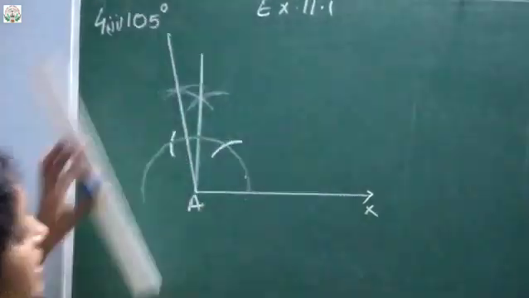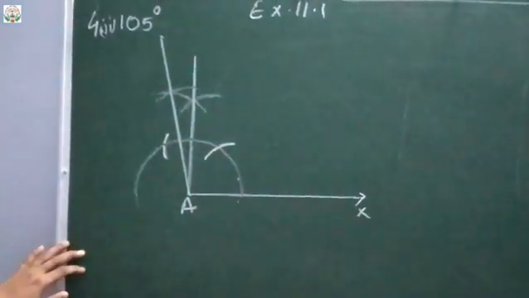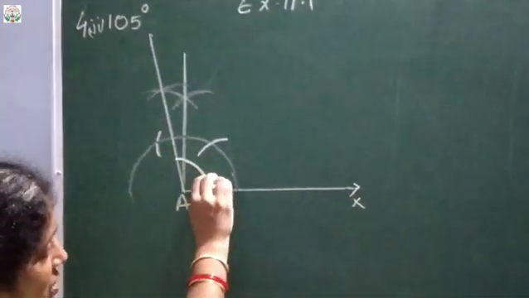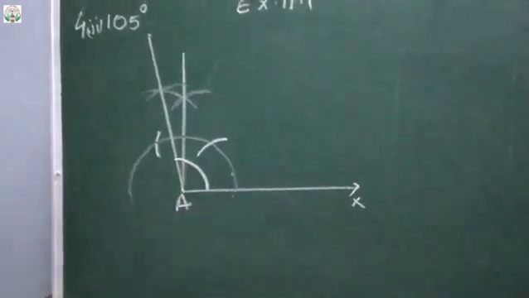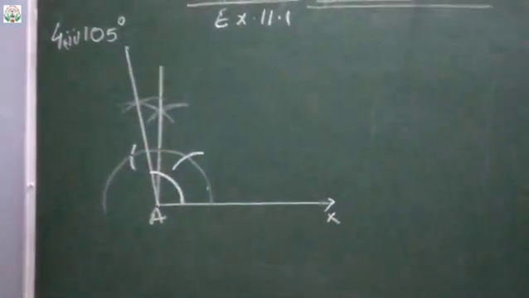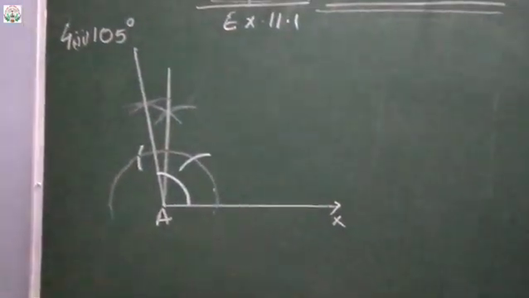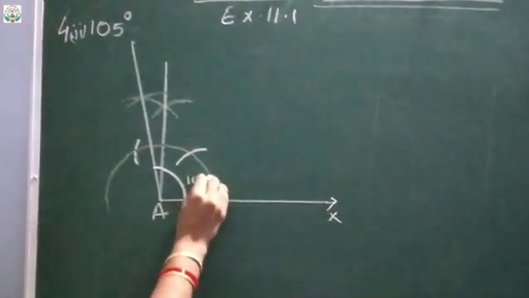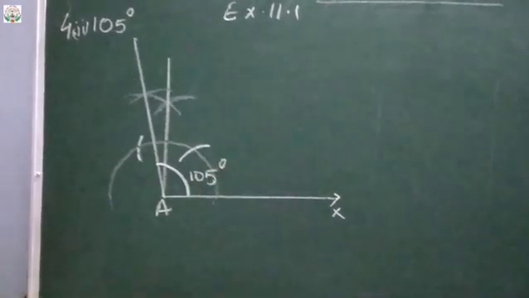After making the construction you have to show it with the protractor. Now this whole angle is 105, an obtuse angle, which means more than 90. So this is 105 degree.